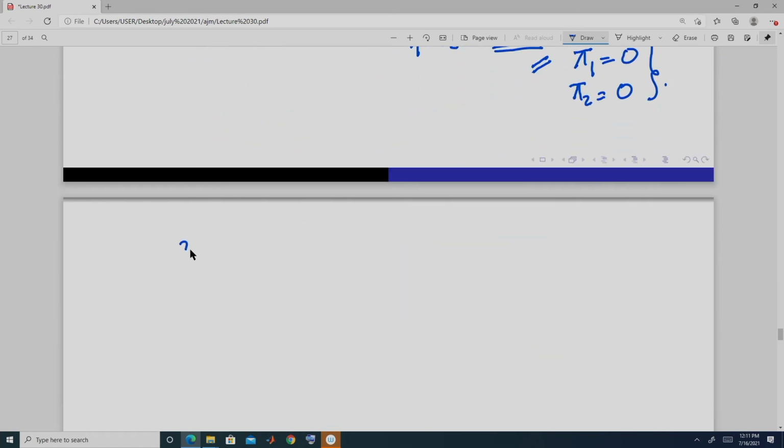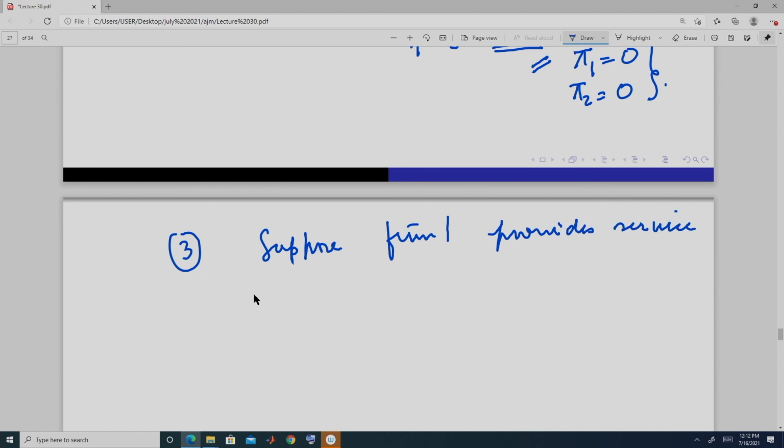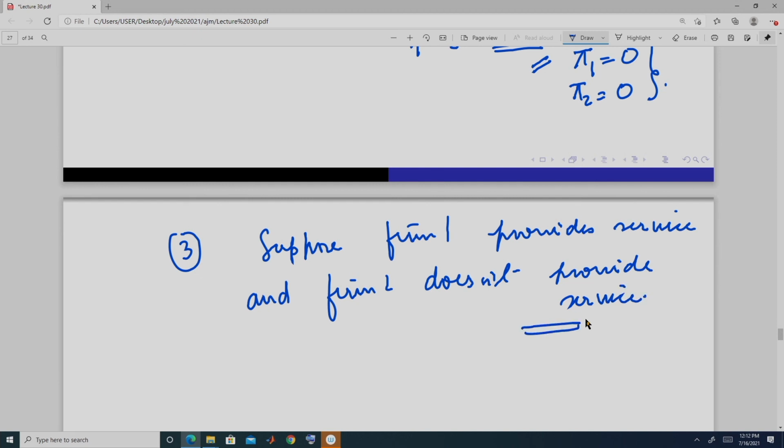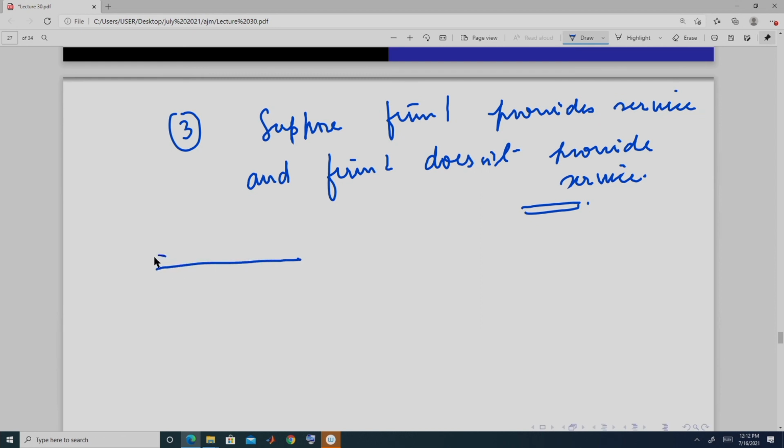But in case 3, suppose firm 1 provides service and firm 2 does not provide service. This is one possibility. Now, let us look at these consumers.